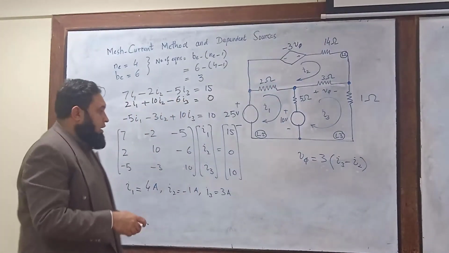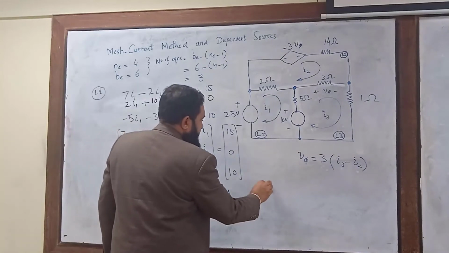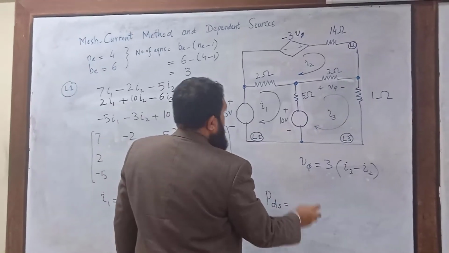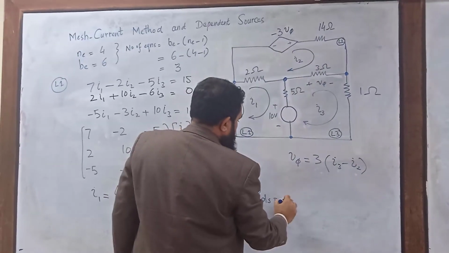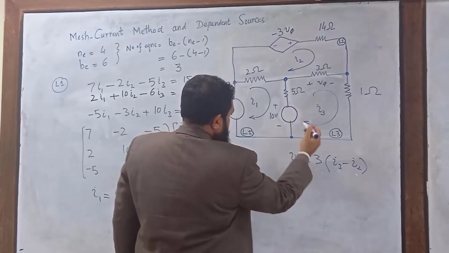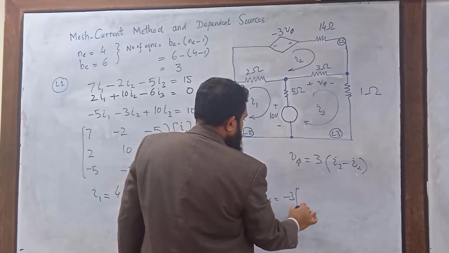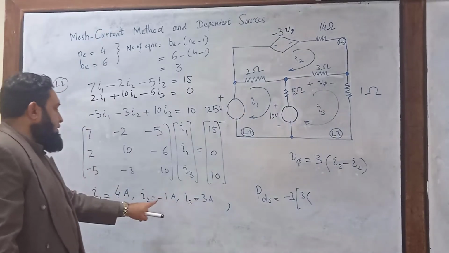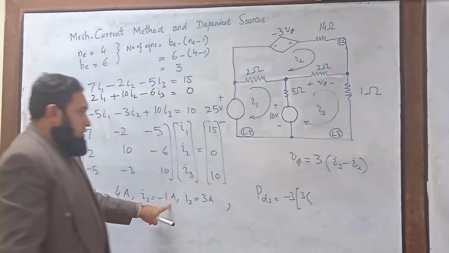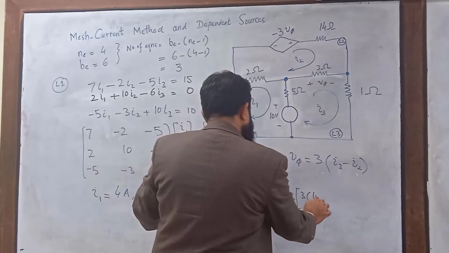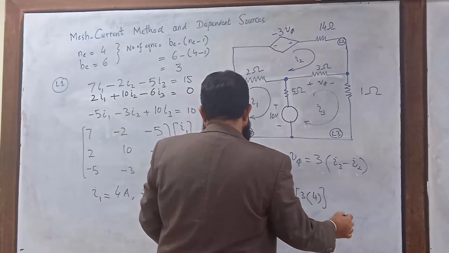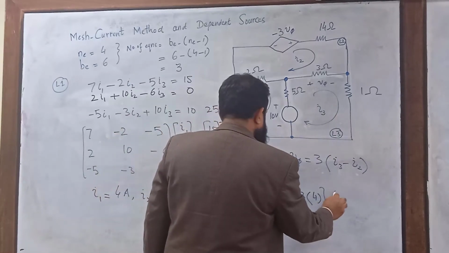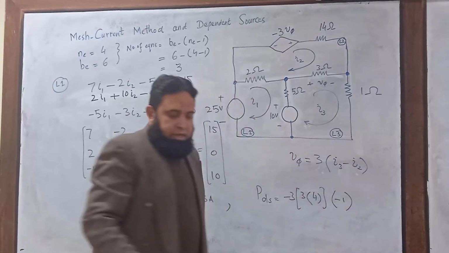Okay. Now if you are asked how much power is delivered by this dependent source, you can simply write the power of the dependent source is equal to voltage multiplied by current. So minus 3 into V5. V5 is 3 times (I3 minus I2), which is 4, multiplied by the current I2, and I2 is nothing but minus 1 ampere.